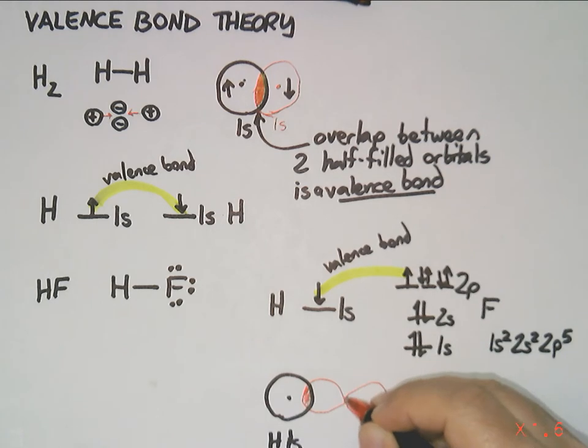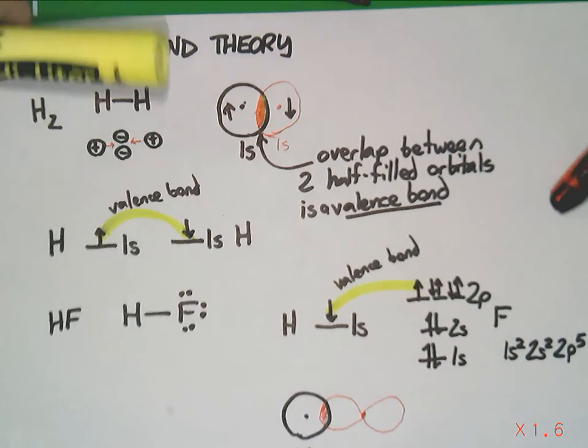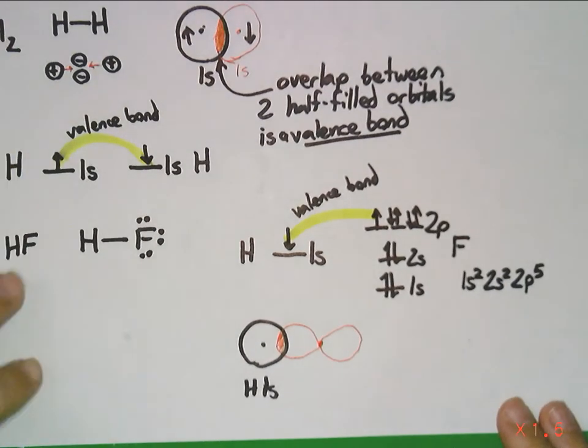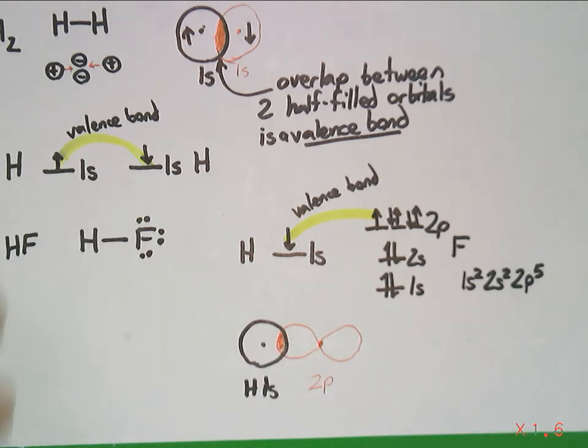And here's the fluorine nucleus, that little red dot that I have here. Let me move this up a little bit. And there's the overlap. That is the valence bond.